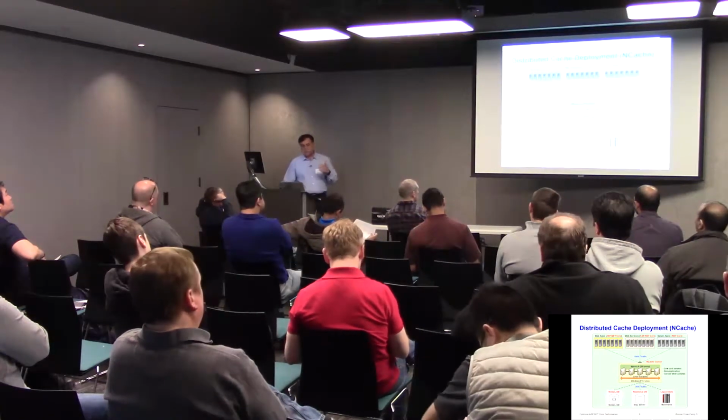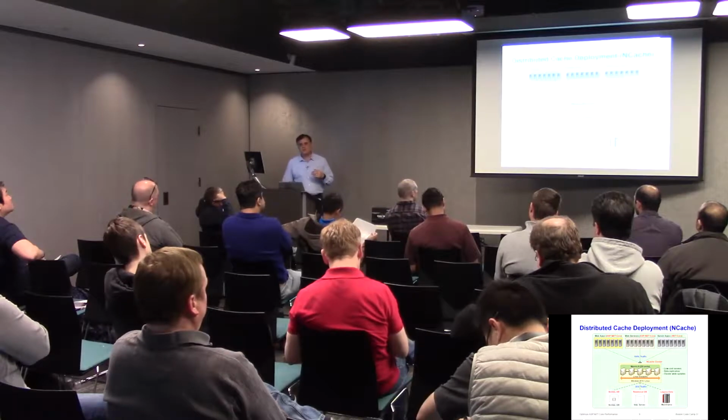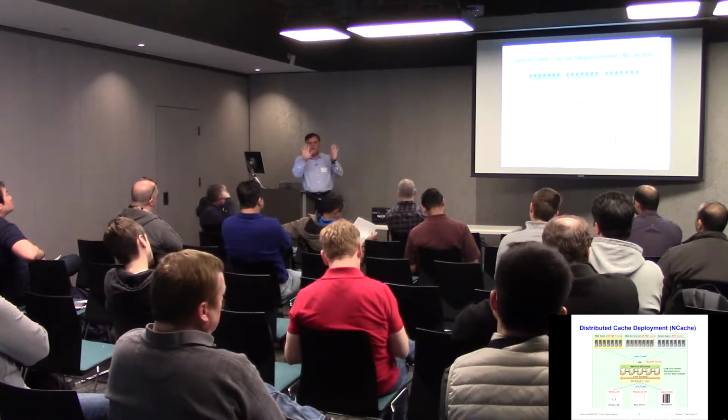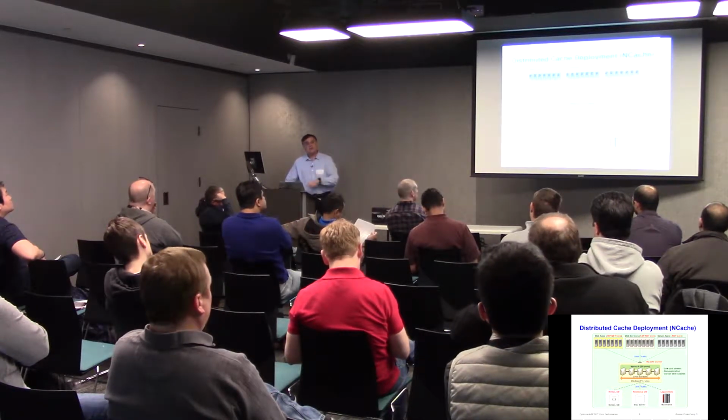So to achieve the best performance with scalability, you need to make sure that you have no more than one replica. So basically one master copy and one replica of every piece of data. And at the same time, you have to be able to scale.